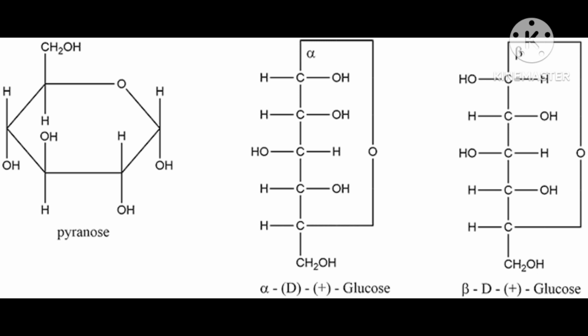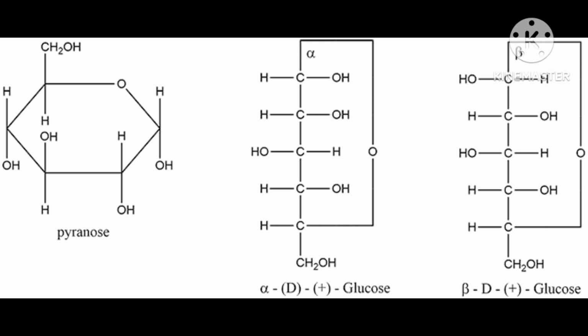Okay, the correct representation was the first, where the aldehyde group was attached at carbon number 1. Upside, CHO was there, and at carbon number 6, CH2OH was attached. And in the middle, 4 OH were there.